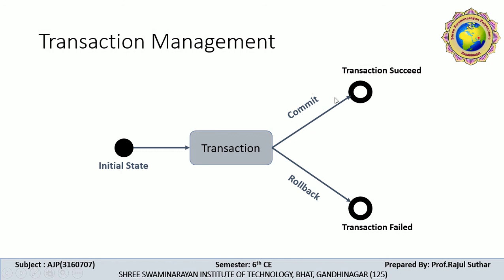If there is any mistake in the transaction, you can undo your operation using rollback because the transaction failed. This is the state diagram of transaction management.